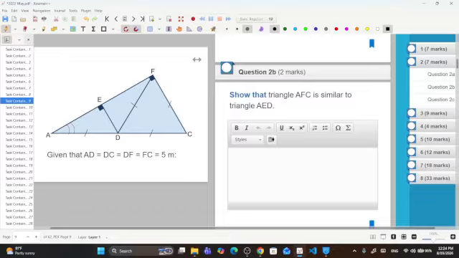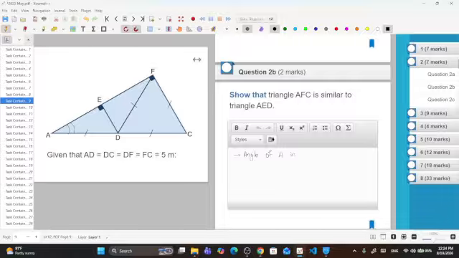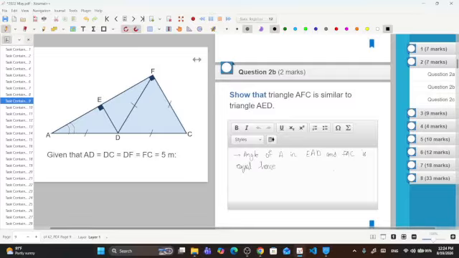Right? So I can say that first things first, angle of A in EAD and FAC is equal, hence both triangles are similar.